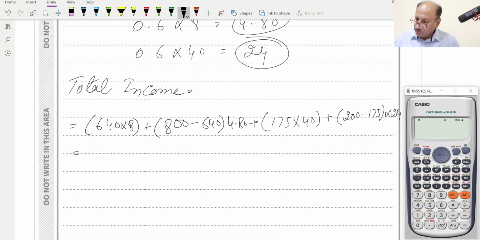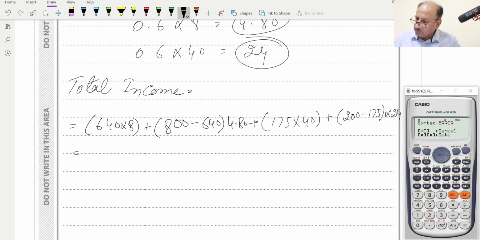So this will be calculated as 640 into 8, plus 800 minus 640. We have to put brackets over here and over here as well, then 4.80, and plus bracket 175 into 40, closed, plus bracket 200 minus 175, bracket closed, multiplied by 24.